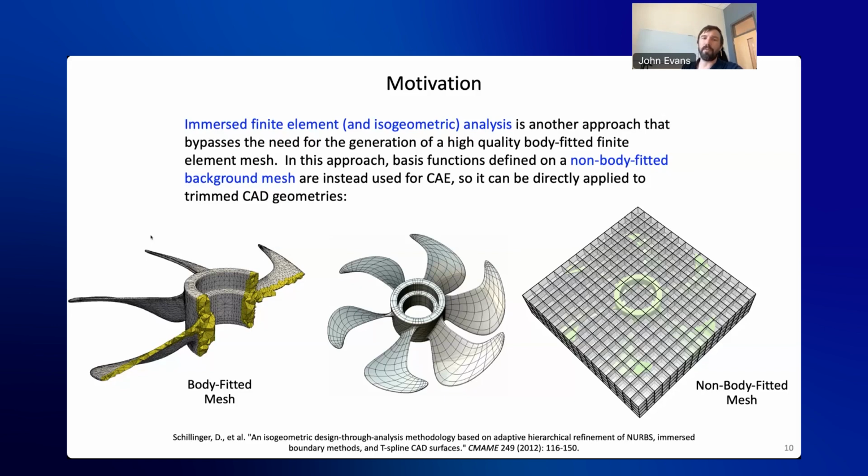And what this means is that we can define the basis functions that are used to represent solution fields such as displacement for structural mechanics problems, velocity and pressure for incompressible flow problems on this nice, simple background mesh. Right. And then the idea is that you'll perform integration over the actual physical domain and utilize techniques such as Nitsche's method, penalty methods, Lagrange multiplier methods for enforcement of boundary conditions.